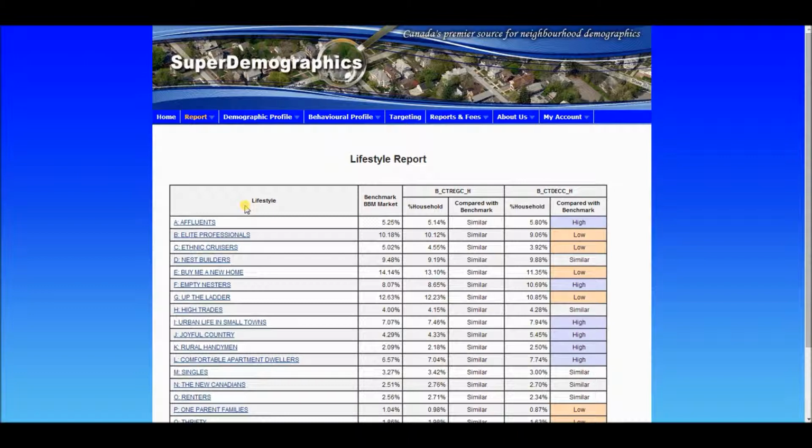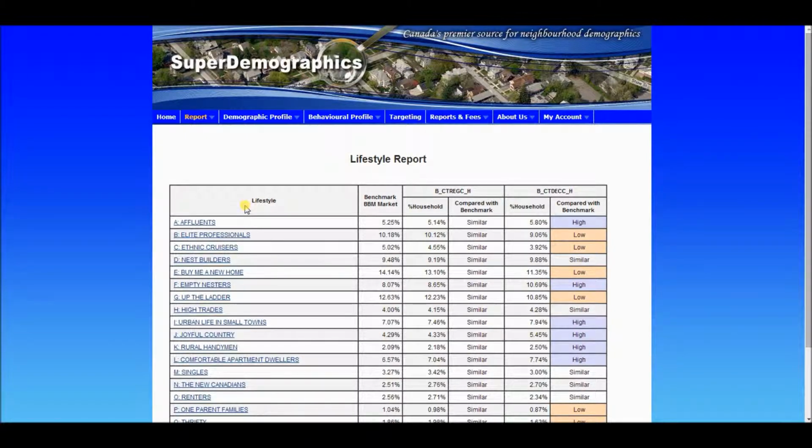Which means that you use trade area reports when you know where your market lives, and you use behavioral reports if you don't necessarily know where your market lives, but you know certain aspects about them, such as they are fairly rich, they belong to a particular demographic or ethnicity, etc.